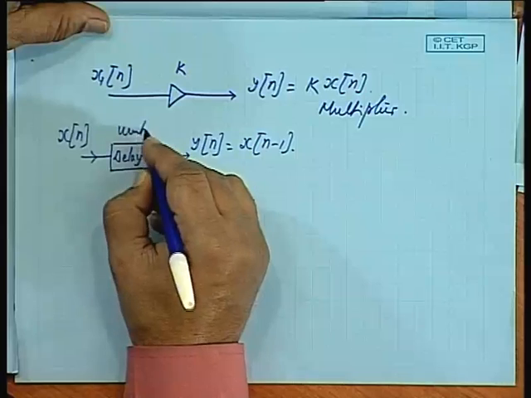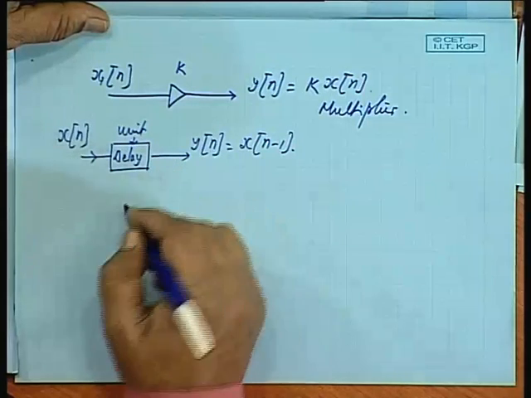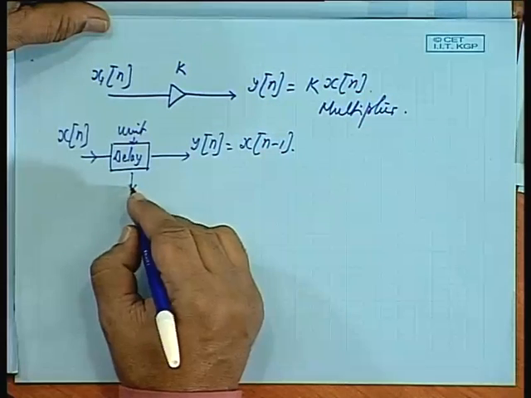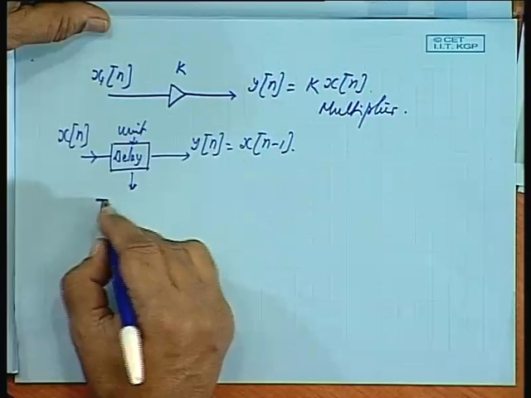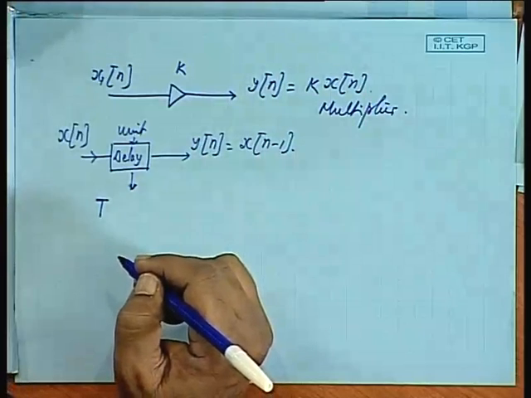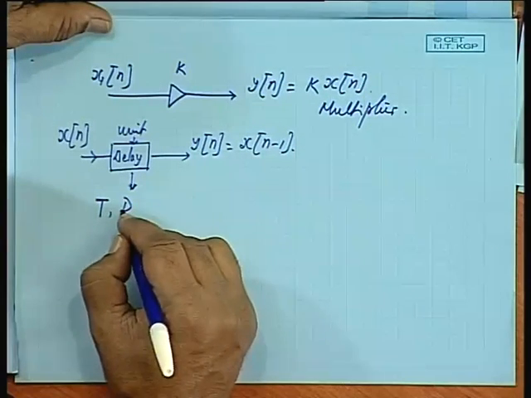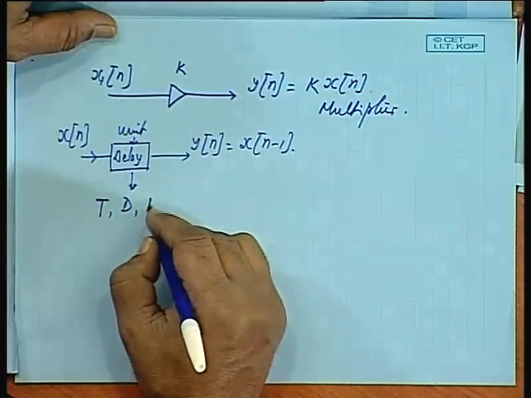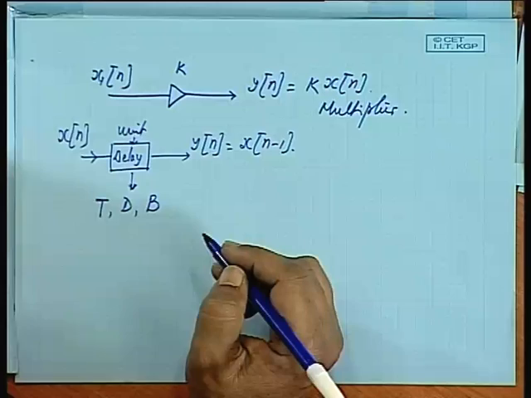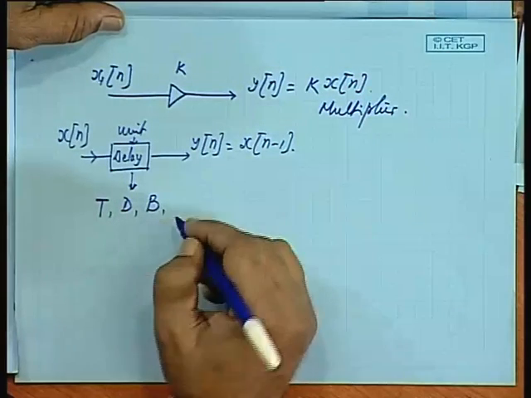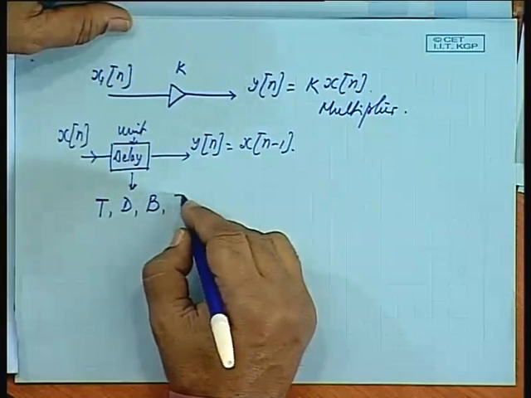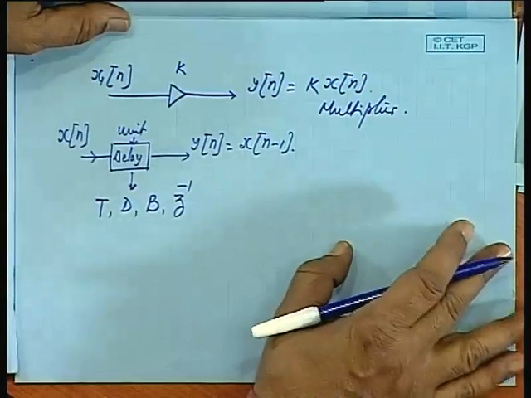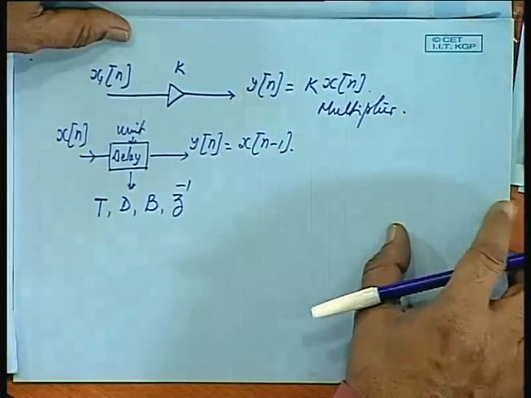The symbol for a unit delay used in different books: sometimes it is written as capital T, that is one sampling time, sometimes capital D, that is a delay. Mathematicians use the backward shift operator B, and in the transform domain, textbooks use z to the power minus 1, in terms of the z transform operator.